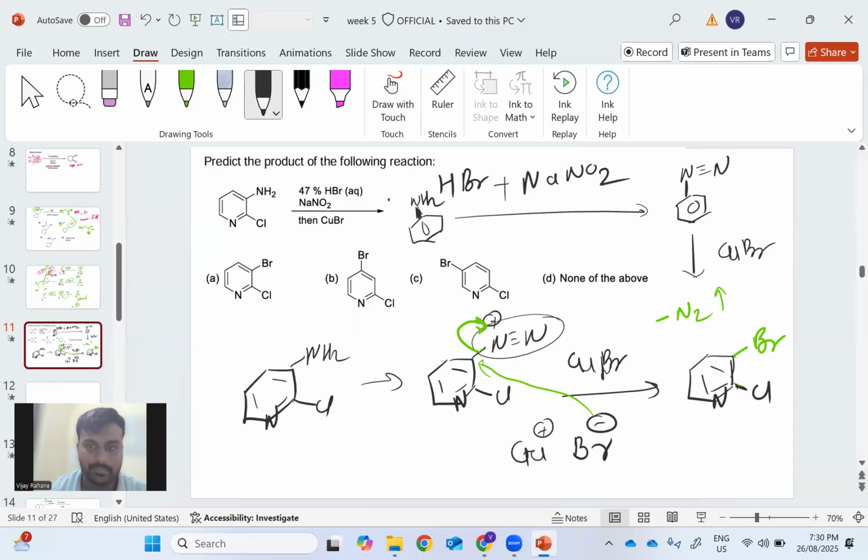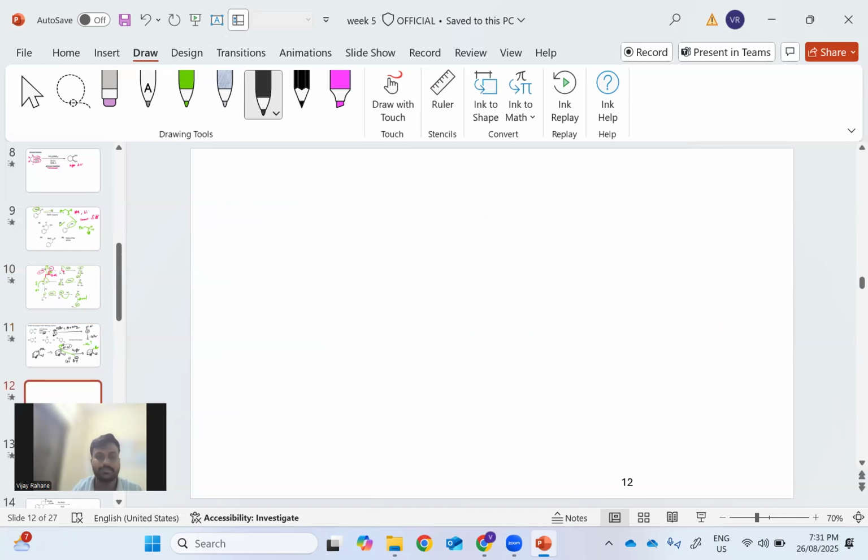And the next step is the CuBr. That's the Sandmeyer reaction, the conversion of the diazonium group to any kind of nucleophile. In place of this copper bromide, so it will be a bromination, the bromide addition at the ipso position to the N triple bond N group.